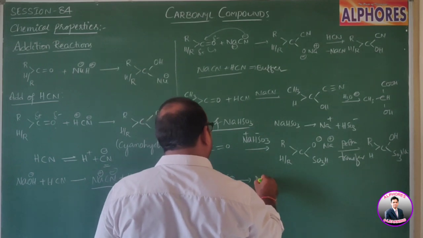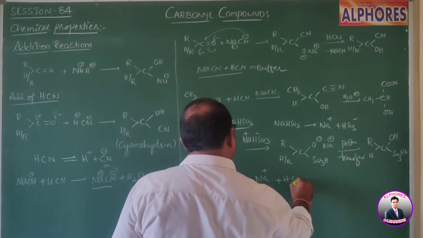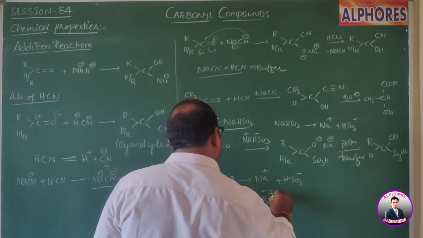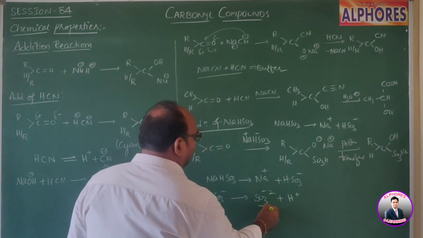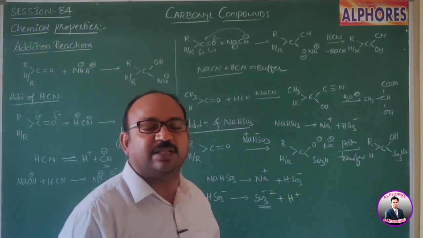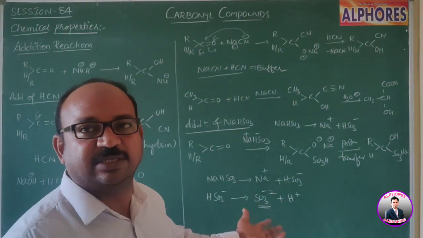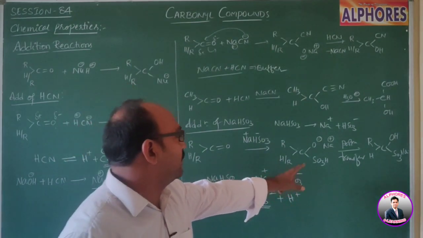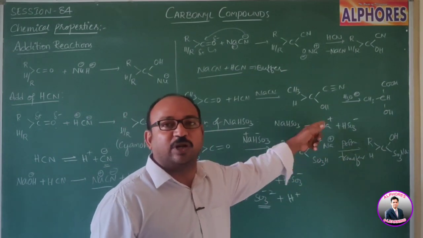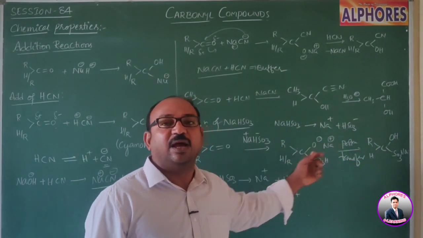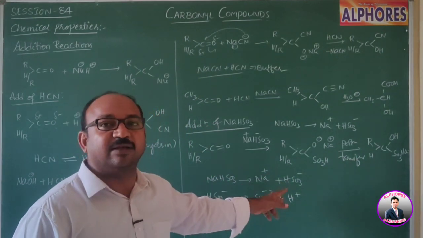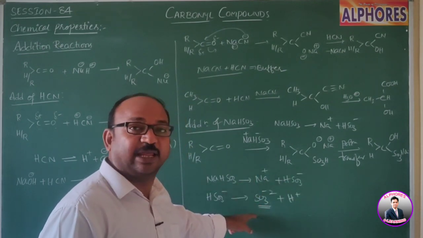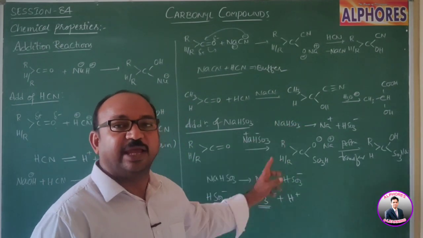NaHSO3 first dissociates or ionizes as Na plus and HSO3 minus, and HSO3 minus further dissociates into SO3 2 minus and H plus. Now this sulfite ion generally participates in the reaction, and it is more efficient compared to HSO3 minus. So if you explain HSO3 minus attached, then proton transfer takes place. We need to explain like that, or else SO3 2 minus attacks, and the negative charge will be stabilized by Na plus, and O minus stabilized by H plus.